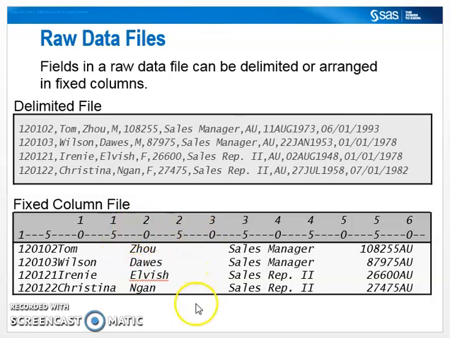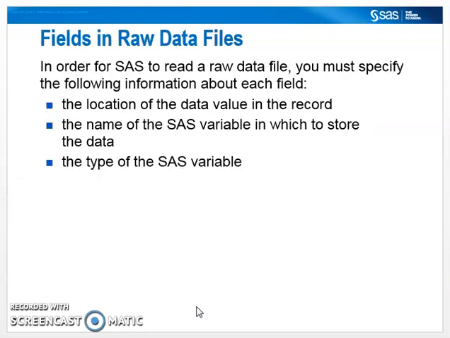Then, in order for SAS to read a raw data file, you must specify the following information about each field: the location of the data value in the record, the name of the SAS variable in which to store the data, and the type of the SAS variable. Those three are important to run and read the data for this field.